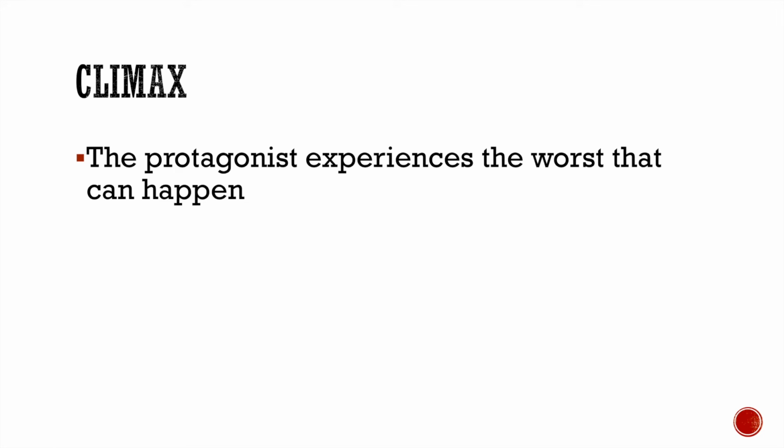Possibly you could argue that for Othello, the knowledge of Desdemona's innocence and the knowledge of what he has done is the climax, the worst that can happen, and is actually more intensely and acutely painful for him than his actual suicide. So you've got all sorts of things that can happen that can be the climax of the novel. It's the culmination of all the tension that any good writer has built up.